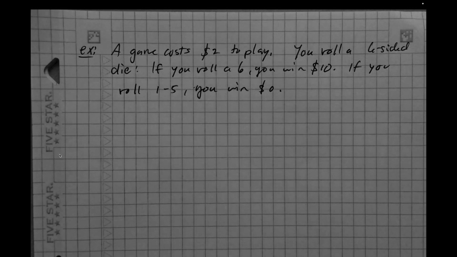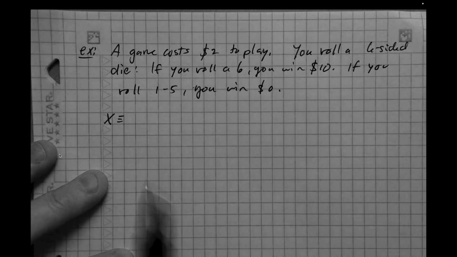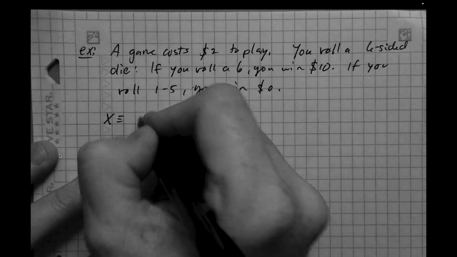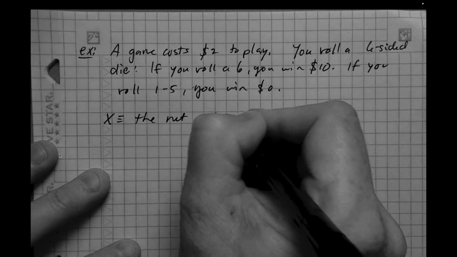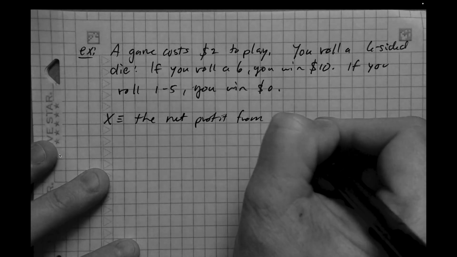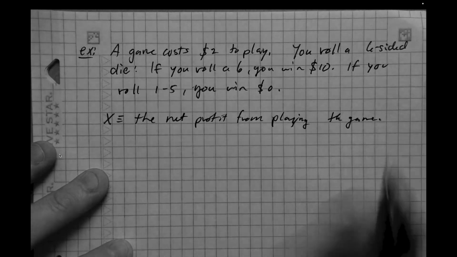So it's basically like a really super basic gambling game, right? You just roll a die. If you get a 6, hey, you win $10. If you don't roll a 6, you win nothing. And so let's define a random variable x to be the net profit from playing the game. What do we mean by the net profit?